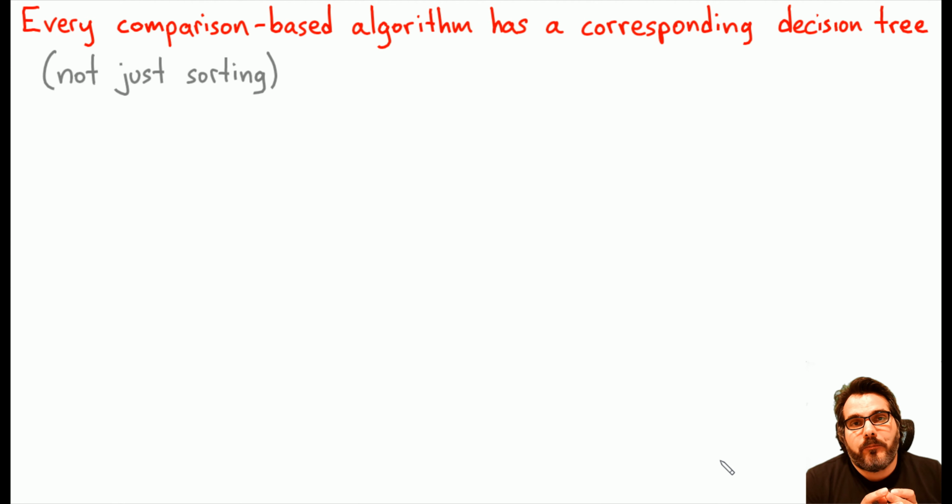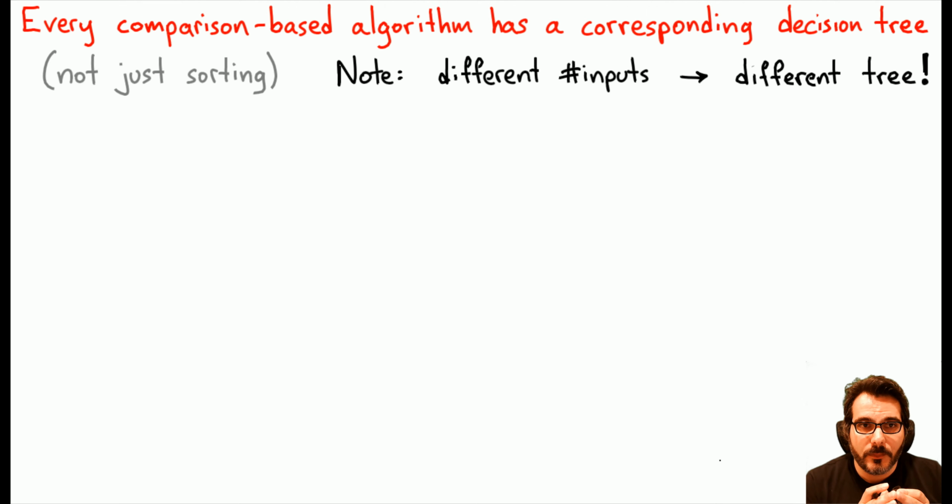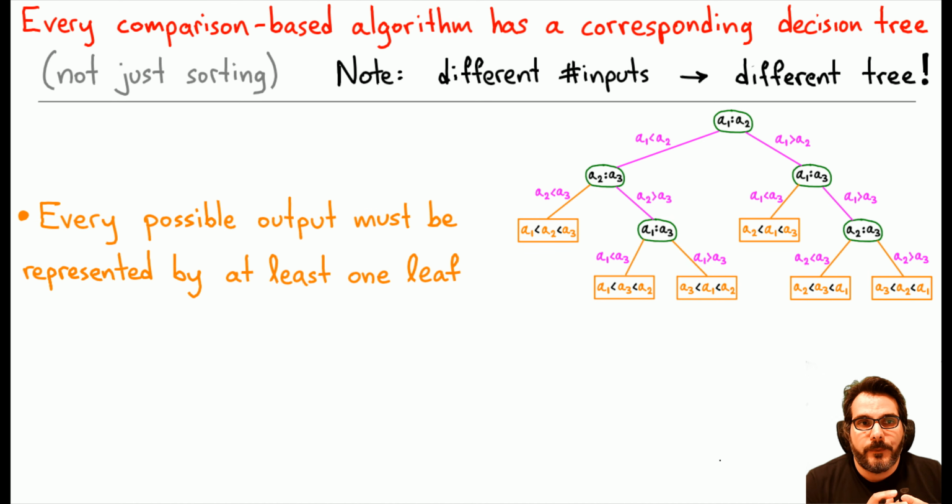This brings us to a valid statement: every comparison-based algorithm has a corresponding decision tree. Which means that we can form a decision tree based on all comparison and sorting-based algorithms. Different numbers of inputs mean you are going to end up with a different tree, designated by the permutations of the number of inputs.